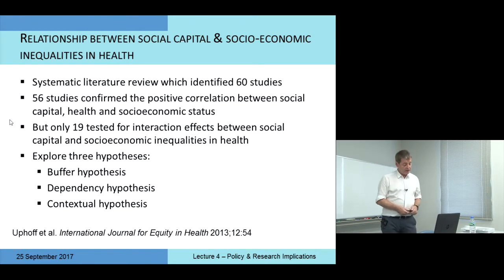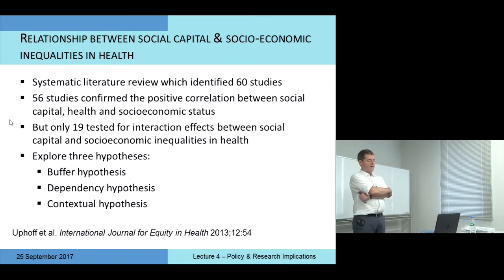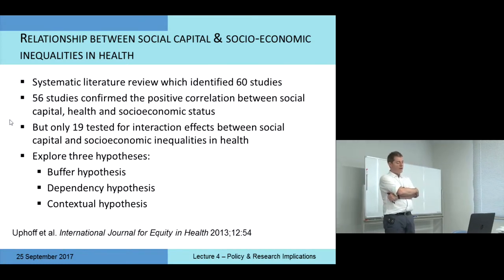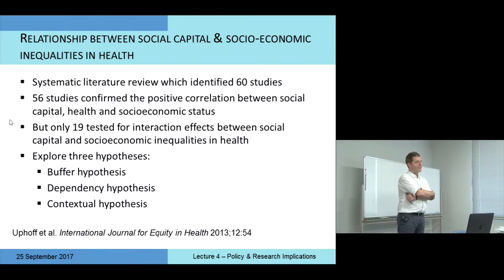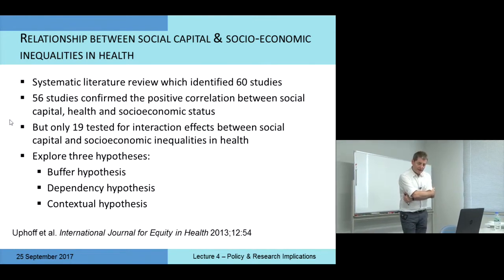So they did a systematic literature review, identified 60 studies, which, I don't know, doesn't seem very many, but that was 60 studies. Their strategy essentially was the studies had to be, one, about social capital, and two, must say something about socioeconomic inequalities in health.